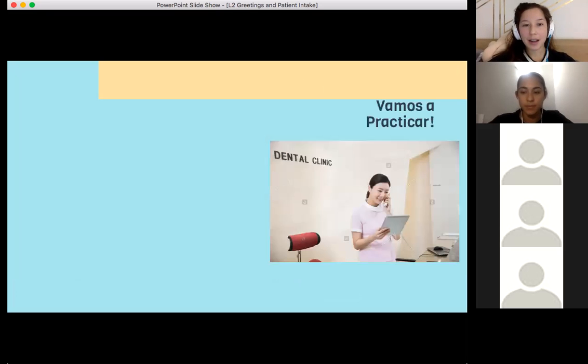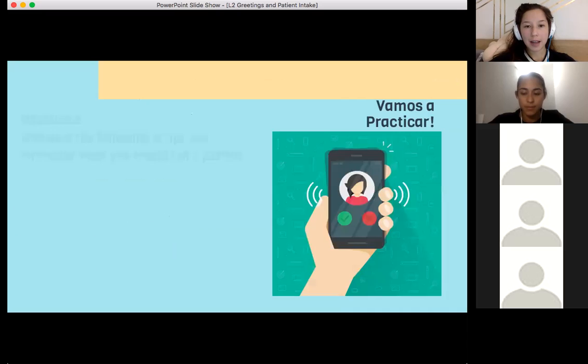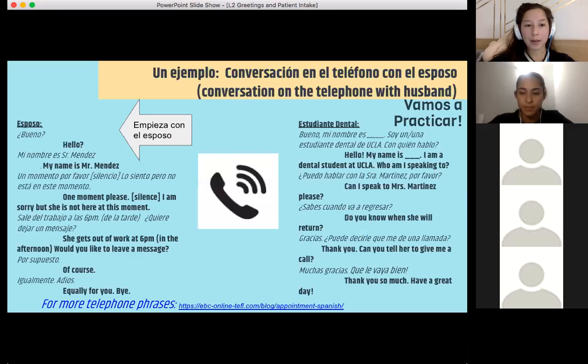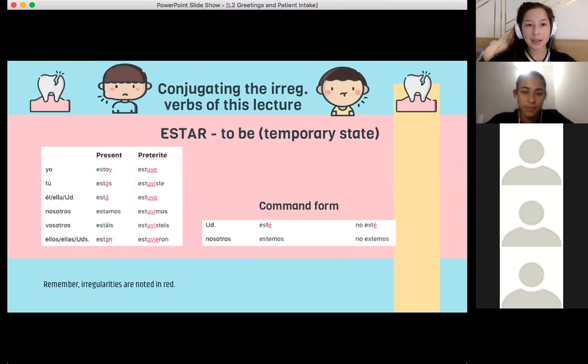We have a lot of sample situations for you guys that have been made. They're a little bit more complex sentences, but if you wanted to study up a little bit more or see how these things would go in real life, these are for you to reference. And the last thing we have at the end of these slides are some of the more common irregular verbs.